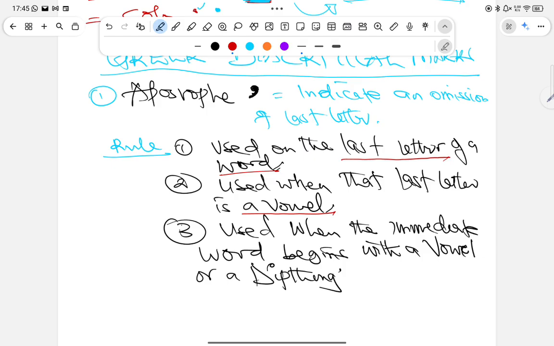And thirdly, even if the last letter in a word is a vowel, the immediate next word must begin with a vowel or a diphthong. If it doesn't, you don't use the apostrophe to leave a letter out.